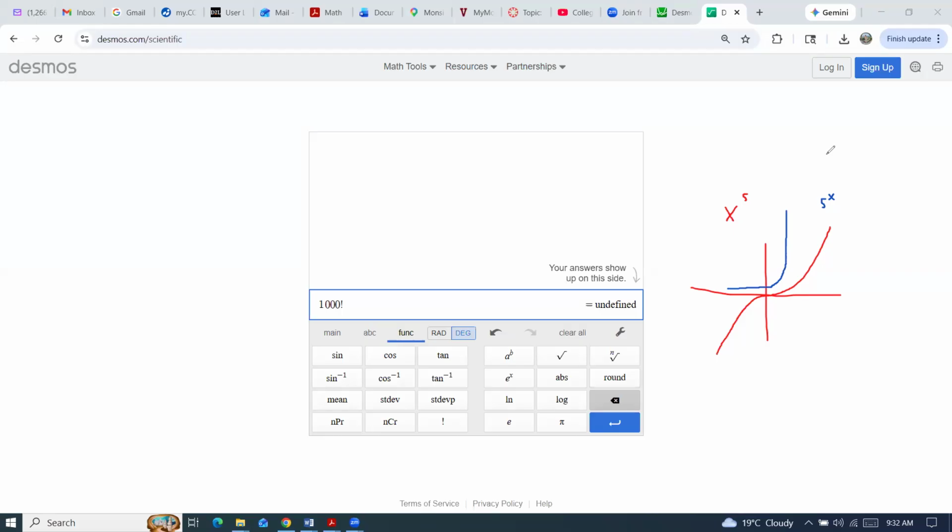But if it's a factorial, it's faster. That's the point. Let's see how come it is faster. Well, let's say you look at 5 to the power of 10, and then you look at the factorial, let's say 10 factorial, for example.